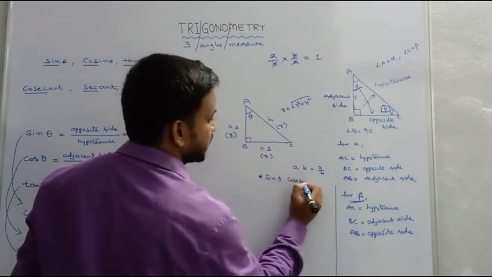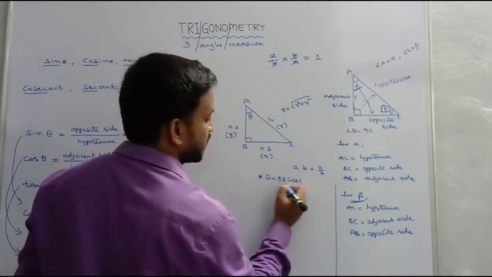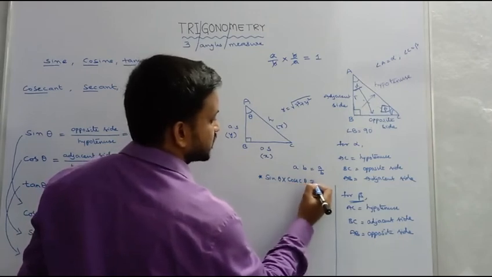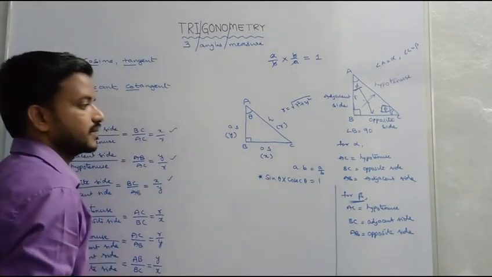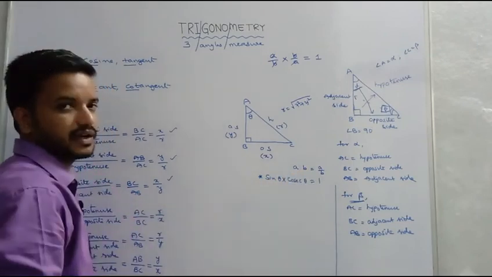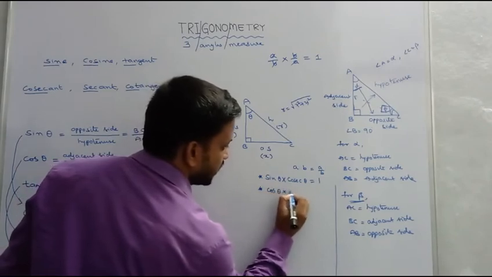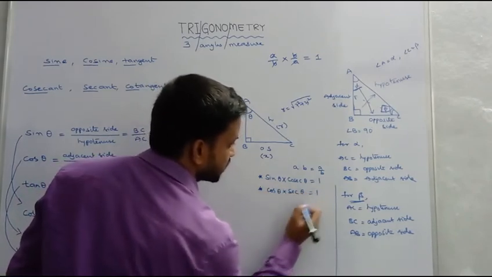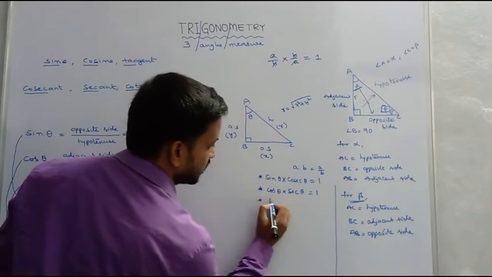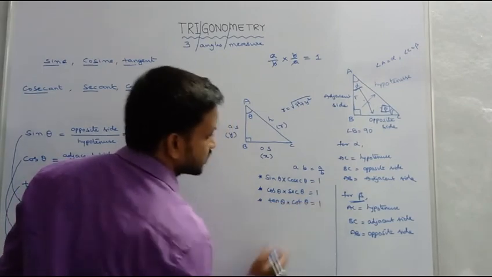The product of sine theta and cosec theta is equals to 1. Because these two are reciprocals of each other, their product remains as 1. And cos theta into sec theta is equals to 1, and tan theta into cot theta is equals to 1.